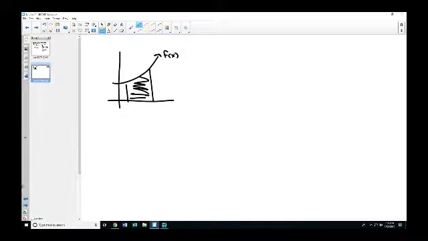So here's what we're looking at. Okay, we are going to call this function f of x, whatever it is. The area is going to be a function of x, so the formula is going to have an x in it. So we're going to call that calculation A of x.